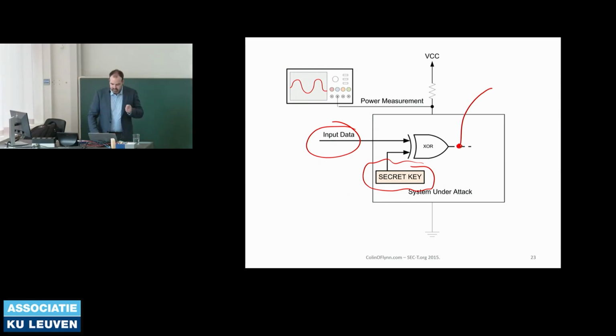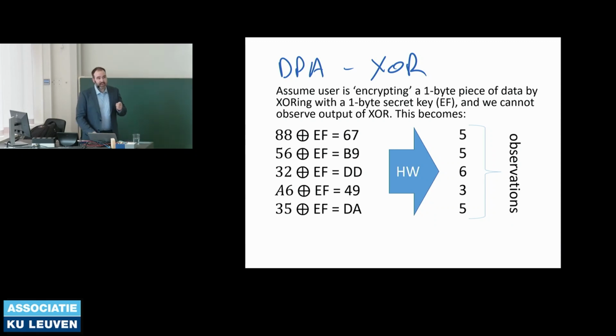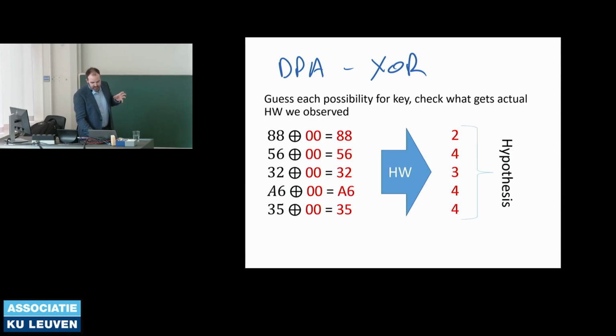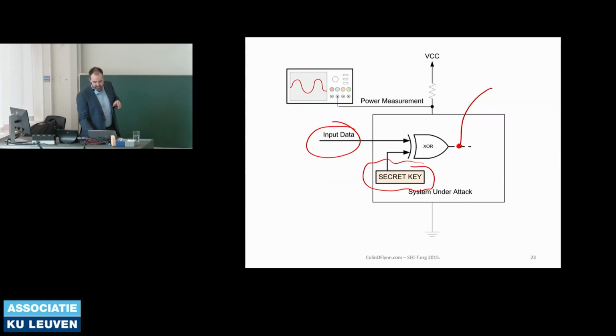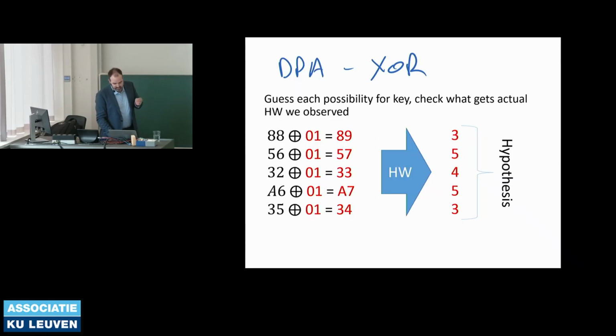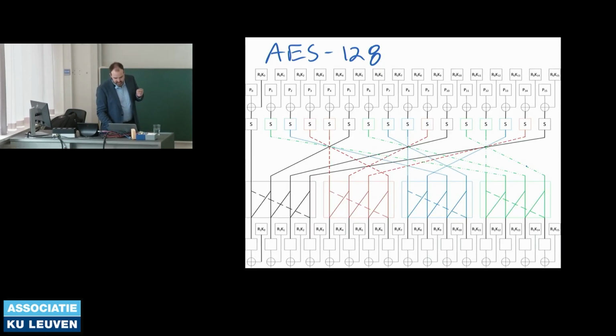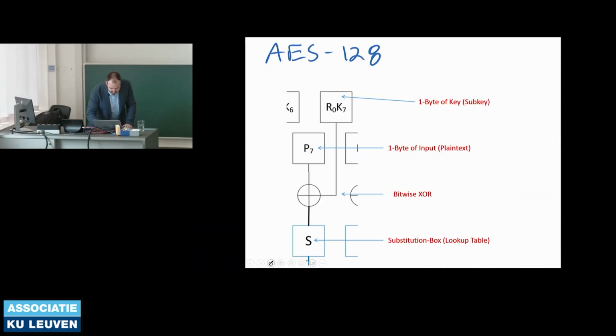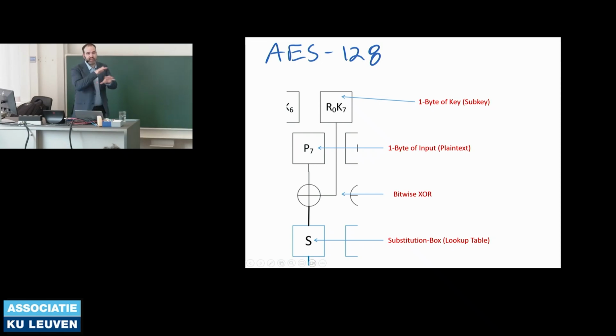This works, and the problem is that it gives you more solutions than you want, because there's a linear relationship between the input data and the secret key. We get better results if we do this after the S-box, because it has introduced a nonlinear element.